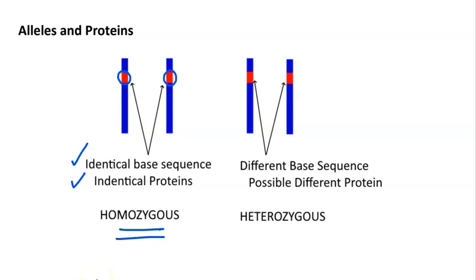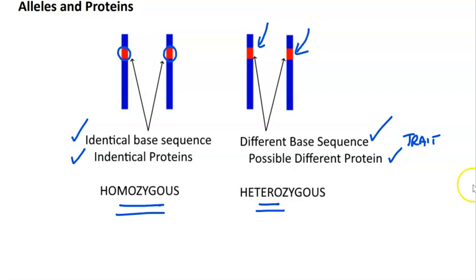If we look at the base sequence here and then the base sequence there and find that those base sequences are different, even though it's still coding for the same characteristic or trait, there will probably be different proteins, and we would call that condition heterozygous.